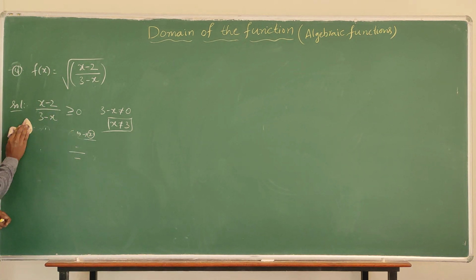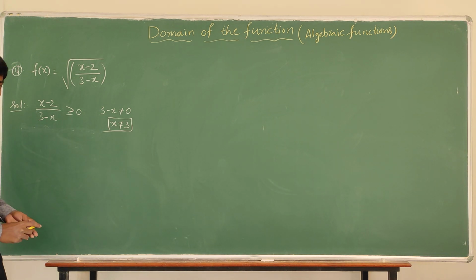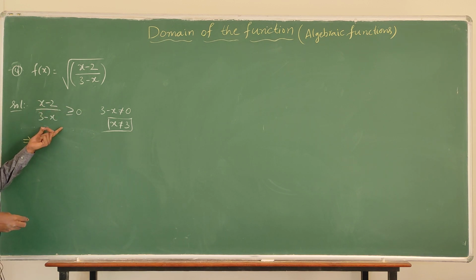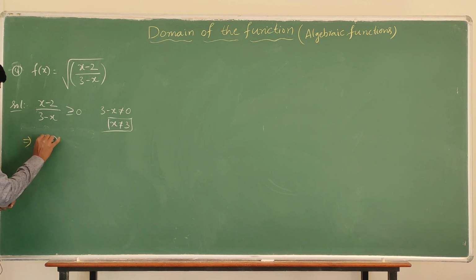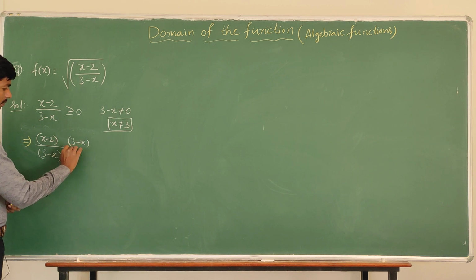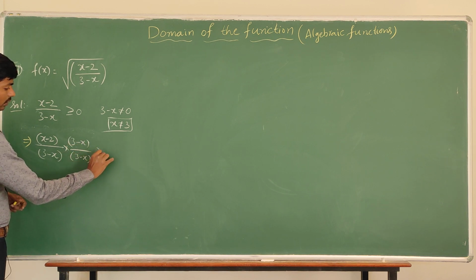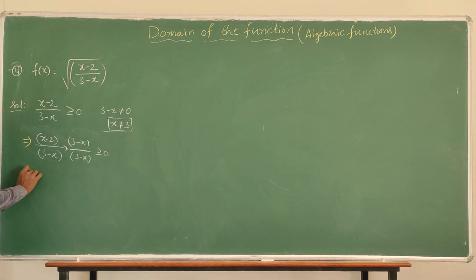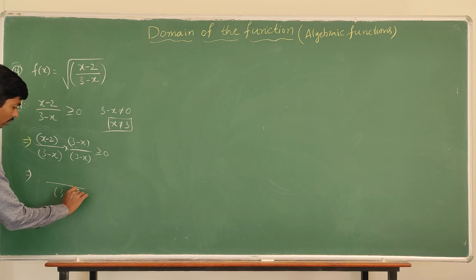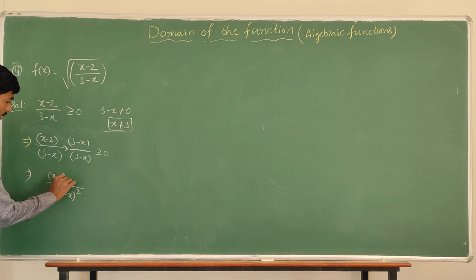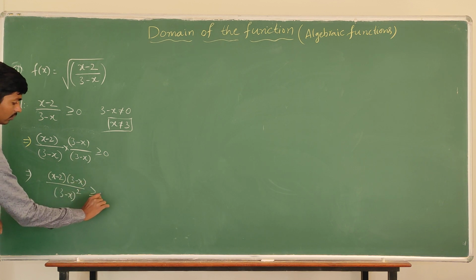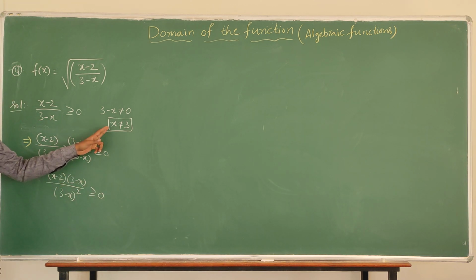So here what I will do is make the denominator a square term. For that I will multiply both the numerator and denominator by 3 minus x. So x minus 2 by 3 minus x into 3 minus x by 3 minus x greater than or equal to 0. Now the denominator 3 minus x into 3 minus x will become 3 minus x whole square. So the numerator will be x minus 2 into 3 minus x greater than or equal to 0. Already my x value is not equal to 3.